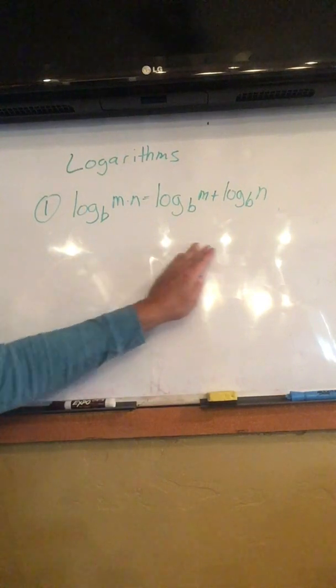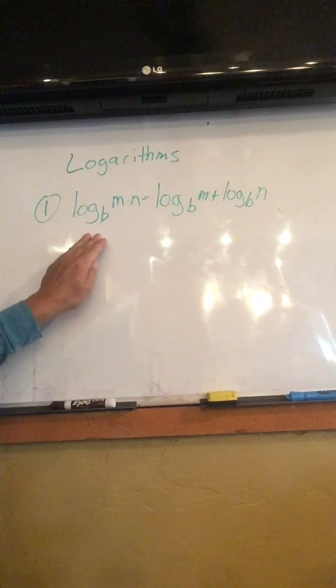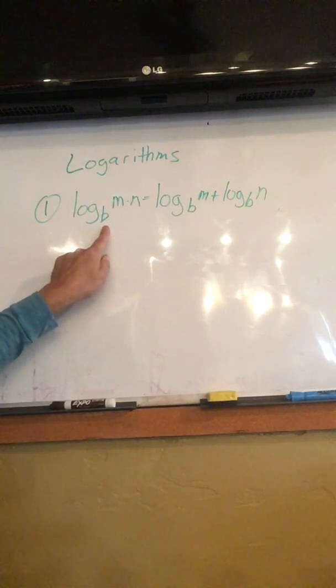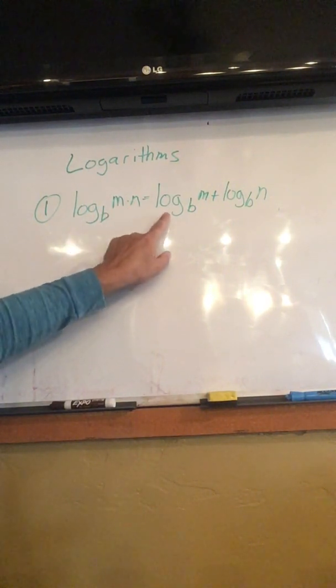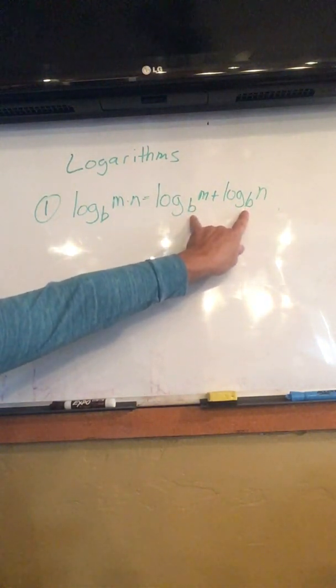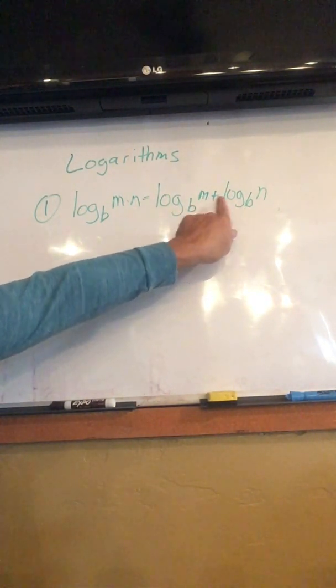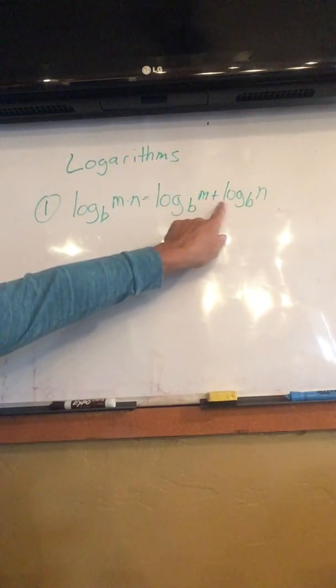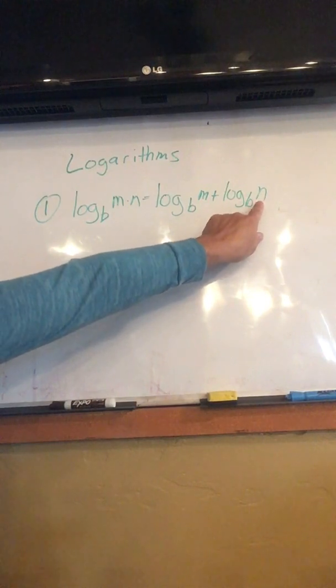Okay, so this is just an expansion. The first law of logarithms says that if you have 2 functions that are multiplied together that have some base b, you can expand it out to, notice that this has the same base, this doesn't change at all, the log base b of m, plus the separate log base b of n.